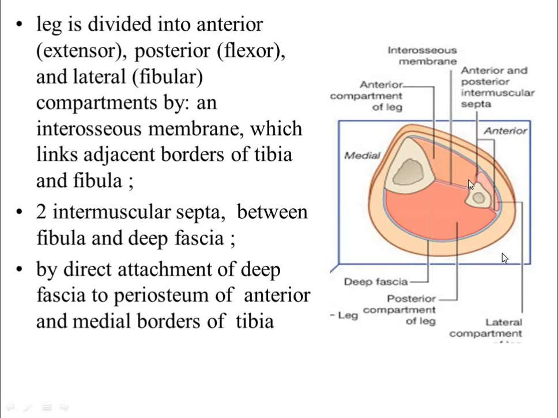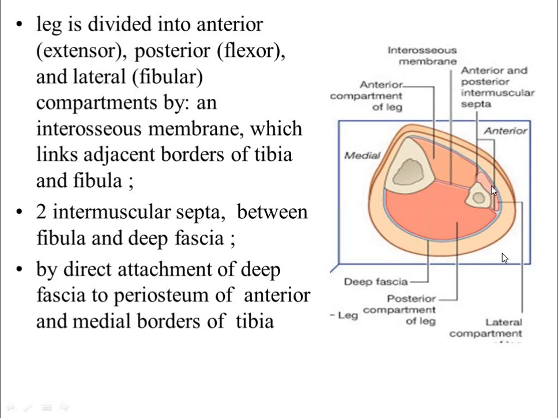So, the anterior compartment of the leg is bounded in front by the deep fascia, between the tibia and fibula, behind by the interosseous membrane, and laterally by the anterior intermuscular septum, which is attaching to the anterior border of the fibula.